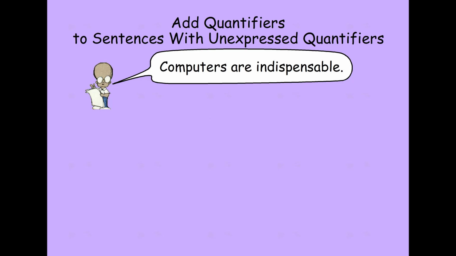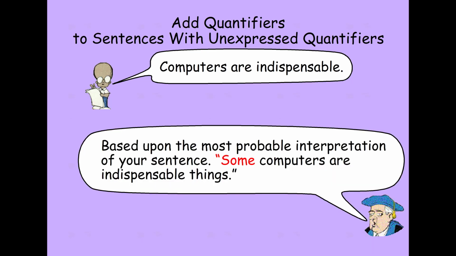That old 8086 that Dad's got hidden under the bed there, that's not indispensable. So it's probably not going to be all. Instead, maybe I'll try introducing some computers are indispensable. And again, I need a class of things, so I put things in. I could put technology, I could put devices, and so on.